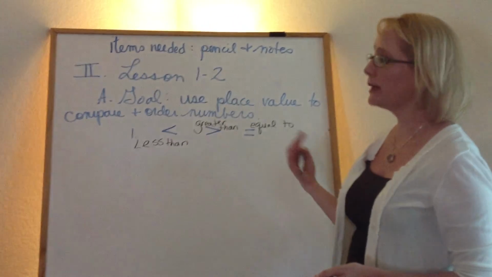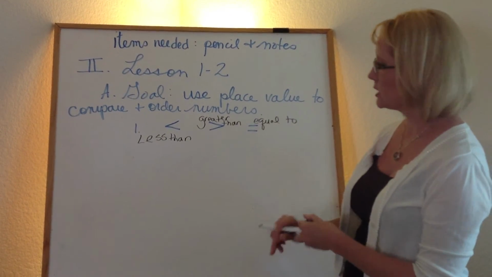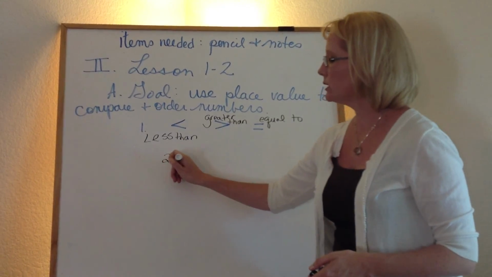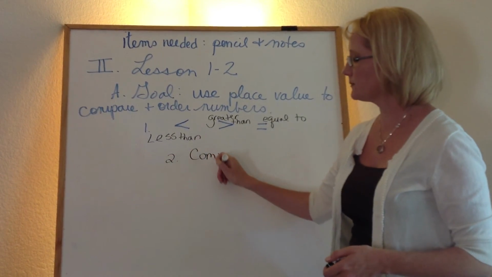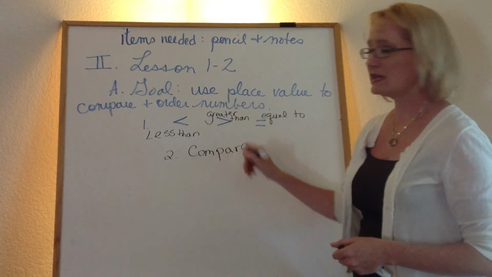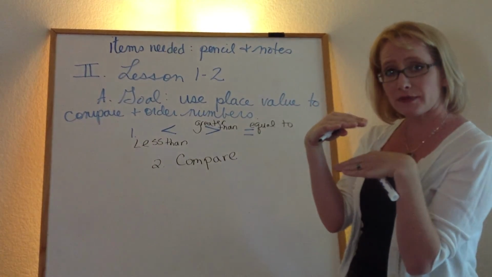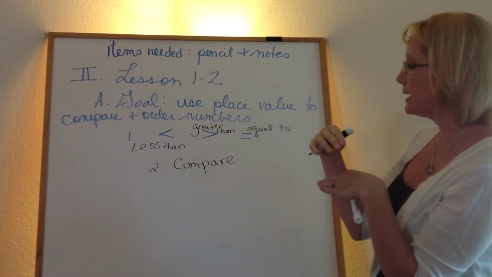Now let's say we're not sure about our numbers. How do we compare them so that we can order them? What we're going to do in order to compare our numbers is stack them on top of each other. And this is just how we're going to order them as well.